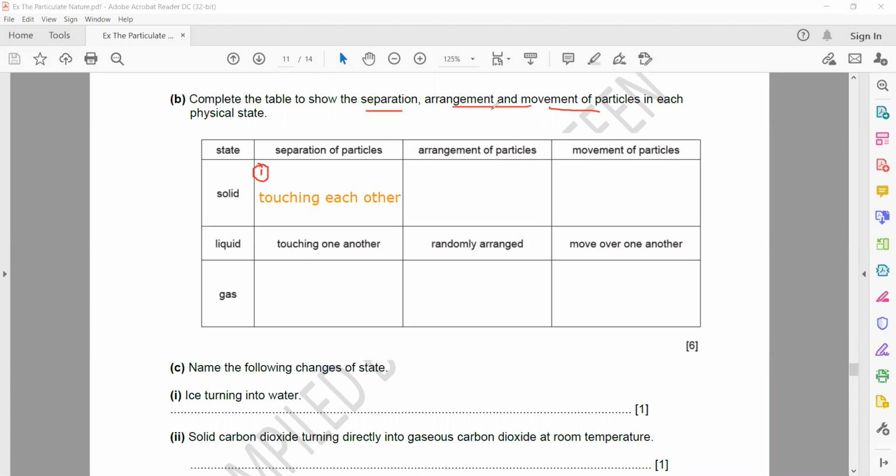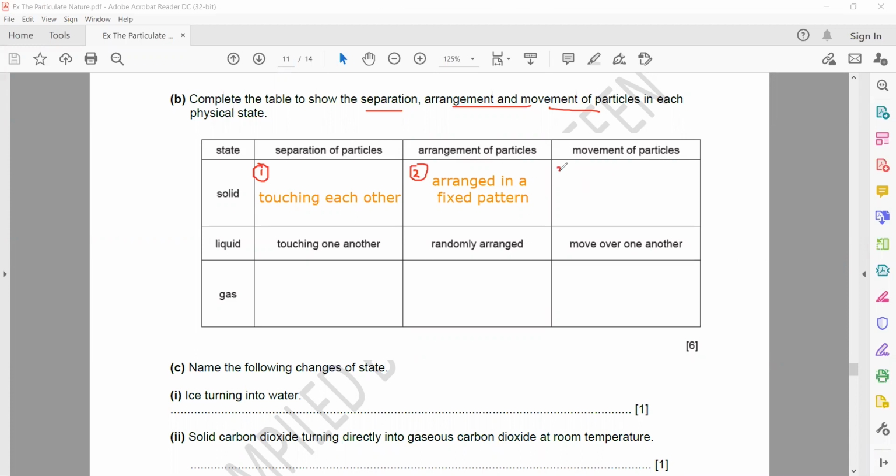What about the second one? Arrangement of the particles. So particles are arranged in a fixed pattern. That's right. Good. And what about the movement? Regular pattern, orderly arrangement. You can mention arranged in a fixed pattern, regular pattern, or arranged in order.